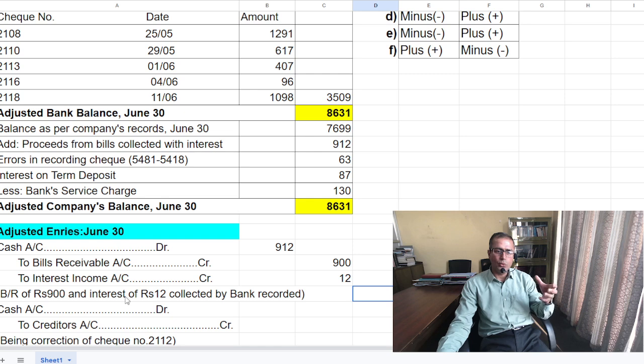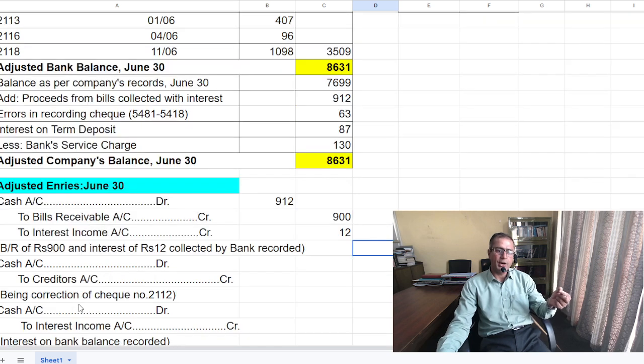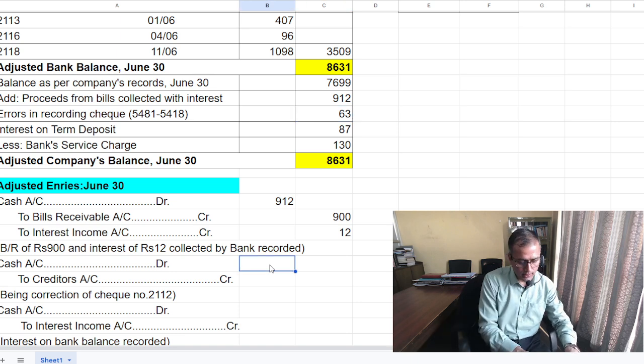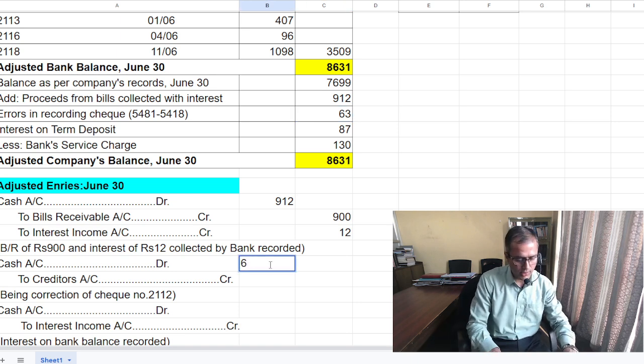Then you could explain all this in the narration. Next one is cash account debit to creditor. This is the case of overpayment, right? If this is the case of underpayment, then this would be creditors to cash. But anyway, we are going to record it for correction of the check here. So this is 63.